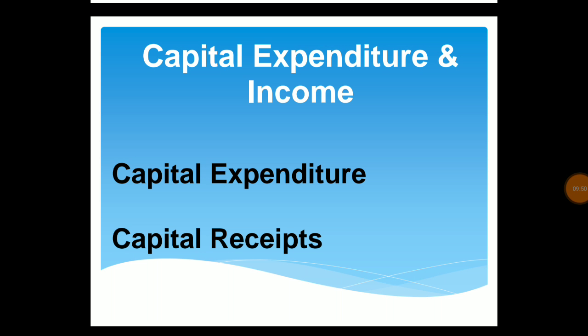Then expenditure that improves the standard of performance of the existing assets, meaning expenditure which extends the useful life of the asset, expenditure which expands the capacity of the asset, expenditure which improves the efficiency of the assets, improves the economy of the operation and increases the productivity of the assets.